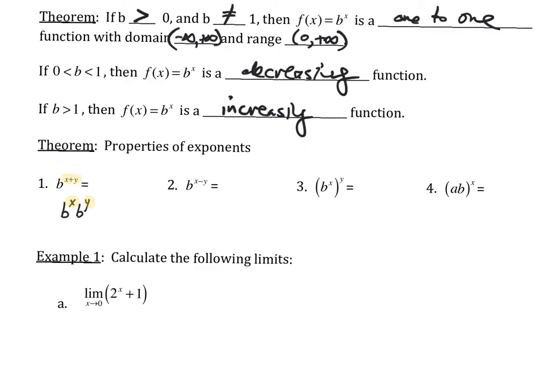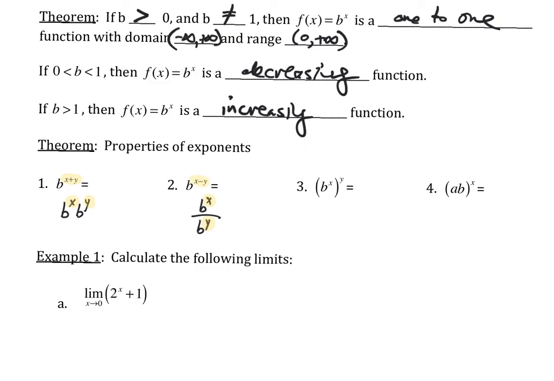All right. What happens when you have this subtraction scenario? This subtraction really corresponds not to the product, but to the division. So we're going to have b to the x divided by b to the y. When you have two things with the same base, but you're dividing the two, what you end up doing is subtracting the exponents.